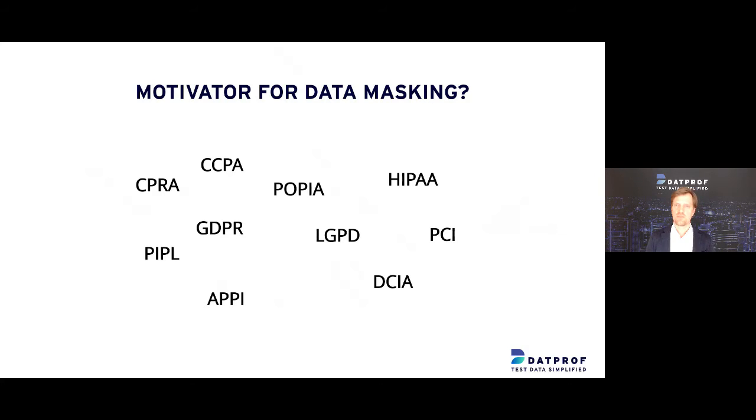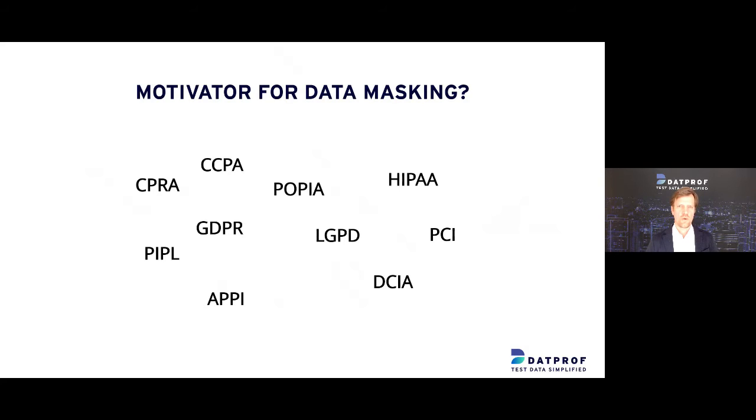But in the United States, there are also updated data protection regulations. So it's expected that more and more data masking projects will start due to an increased need for better test data because of improved data protection regulations. In most cases, we still see that these regulations are the motivator to start a data masking project.